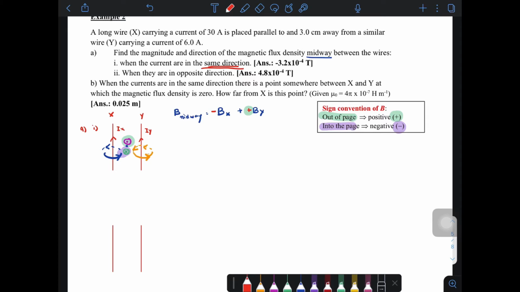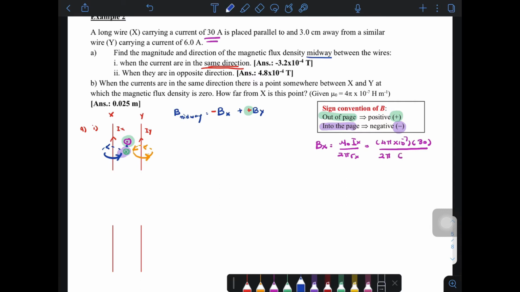Kita nak kira pula berapakah nilai BX dan berapakah nilai BY. So nak kira nilai, kita terus gunakan formula untuk long straight wire. So BX is equals to mu naught IX over 2 pi RX. So kita gantikan nilai, which is 4 pi exponent negative 7, IX ialah 30 ampere over 2 pi RX.